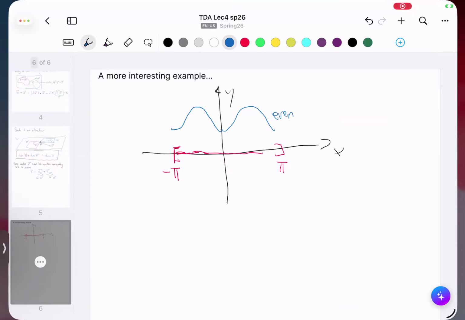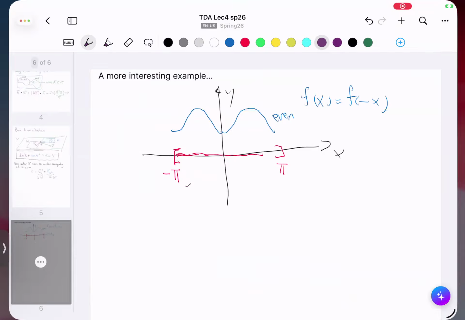The other one involves a reflection. A function f was even if f of x was f of -x, and it was odd if f of x is minus f of minus x. Something similar to x cubed would be a good example of an odd function.